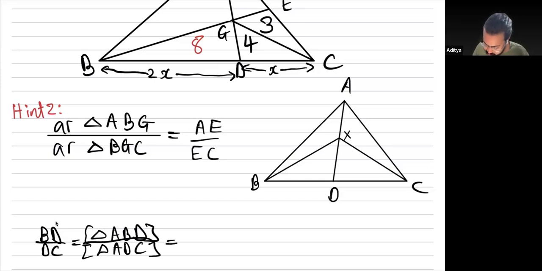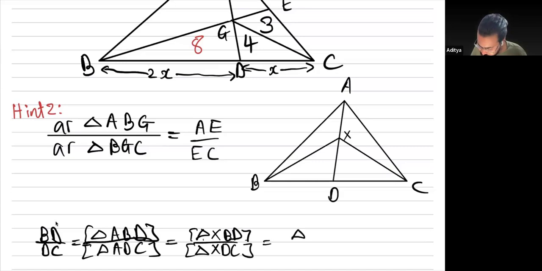It can also be written as the area of triangle XBD over the area of triangle XDC. And it can also be written as the area of triangle ABX over triangle ACX.